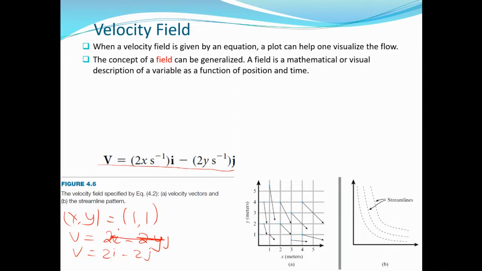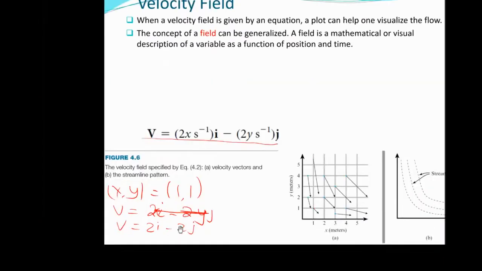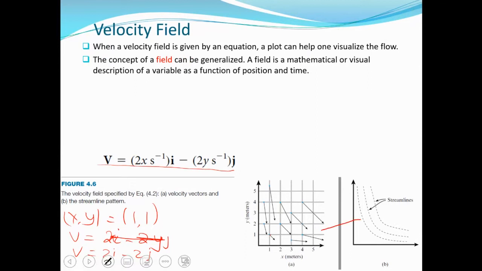This you can plot visually using your knowledge of vectors. 2i means it is along the positive x-axis, minus 2j is along the negative y-axis, and the magnitude is the same for both.